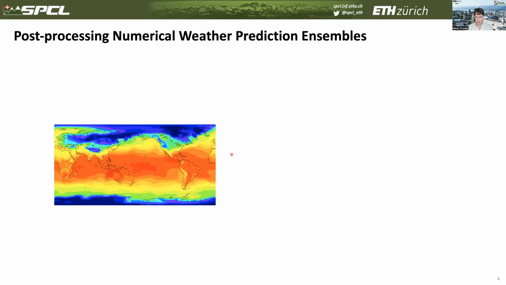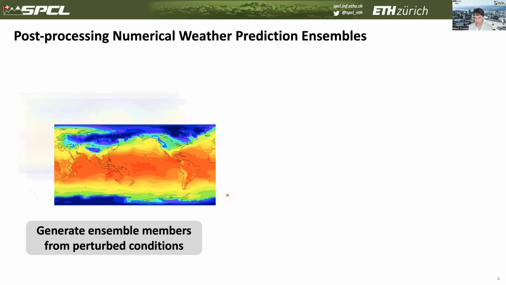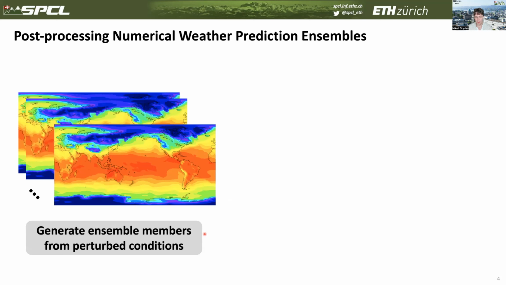I think many of you are aware of what it means to post-process a numerical weather prediction ensemble, but let's just run through it quickly. You, of course, have your numerical weather prediction code that produces some prediction for the weather. But then you use this to generate ensemble members by perturbing the initial conditions. And this will give you a so-called biased distribution over quantities of interest.